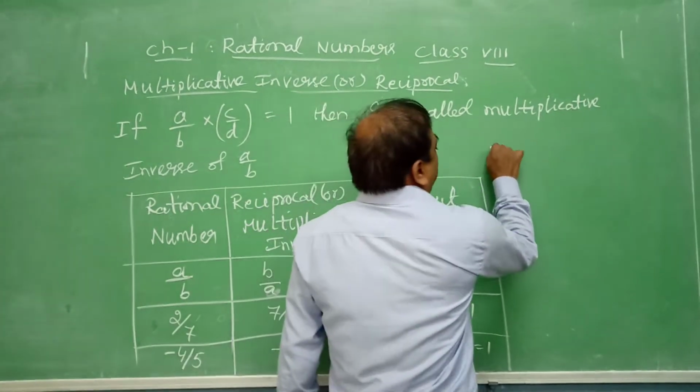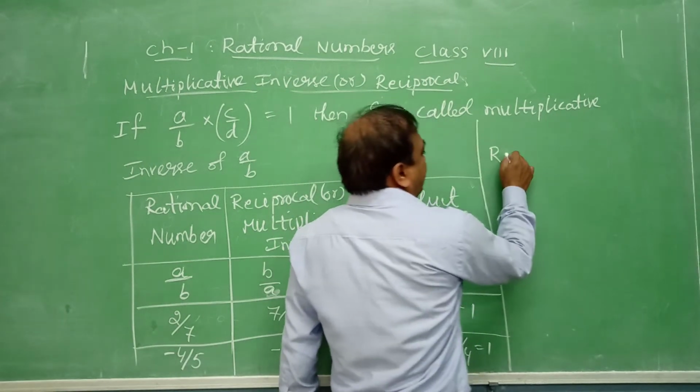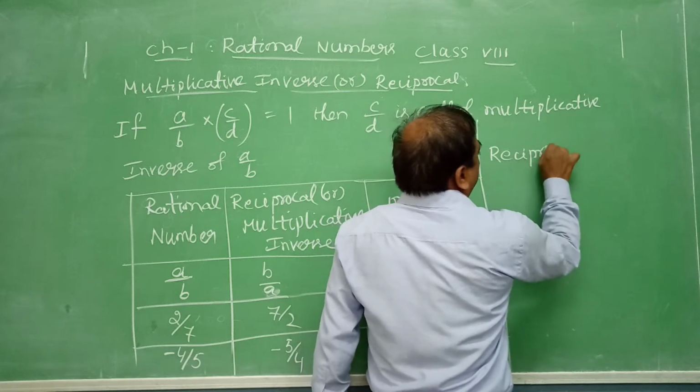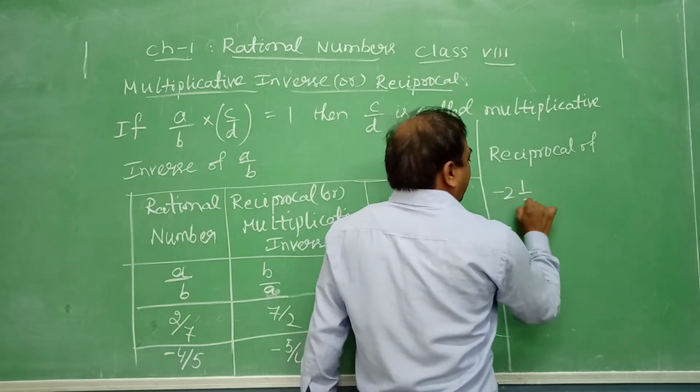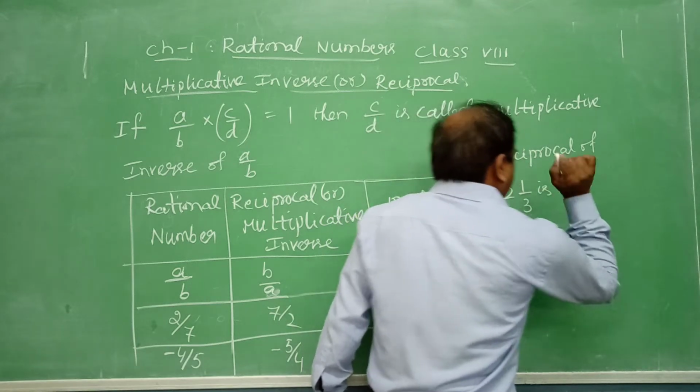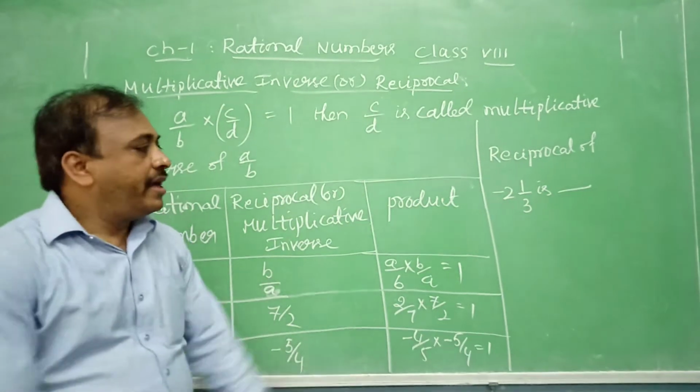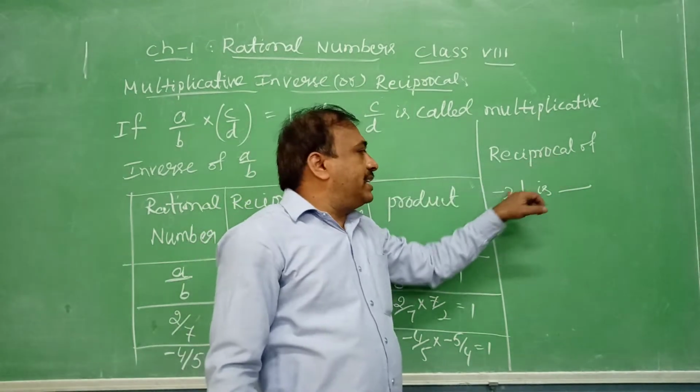Now look at this: reciprocal of minus 2 1 by 3 is dash. How do you find it? Reciprocal of minus 2 1 by 3.